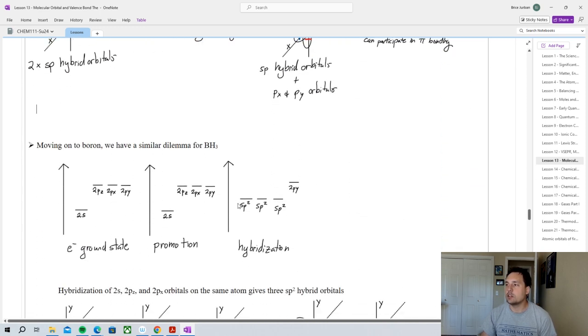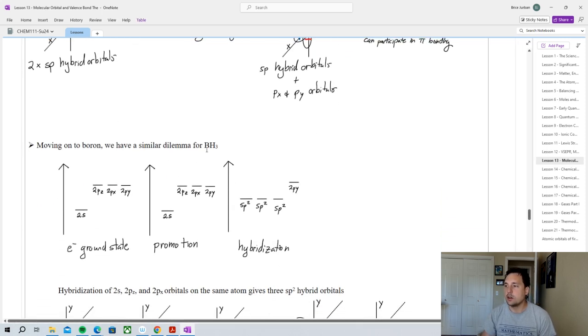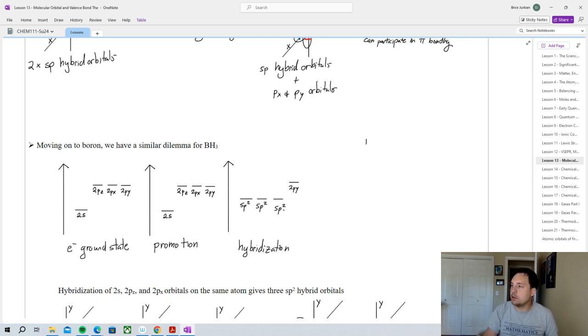All right, so let's move on to the next hydride in the second period, which is boron trihydride. And boron trihydride, if we draw the Lewis structure, will look like this, where we have three hydrogens, and they have a single bond each to boron in the middle, and then boron has a deficient octet, so it only has 6 electrons around it, not 8.